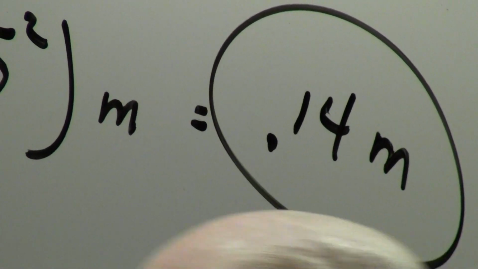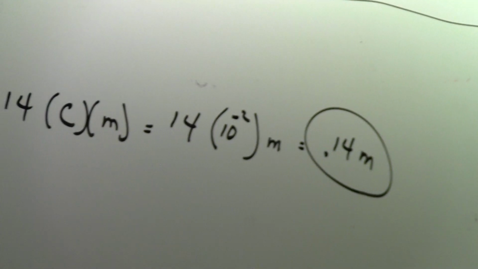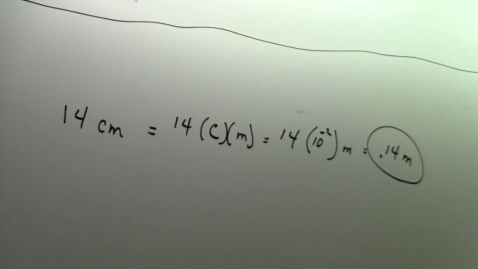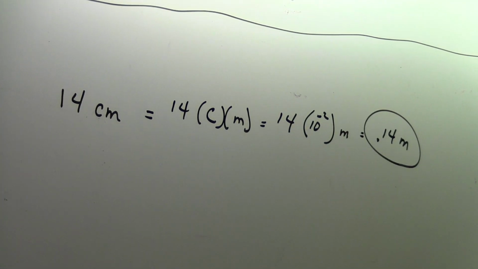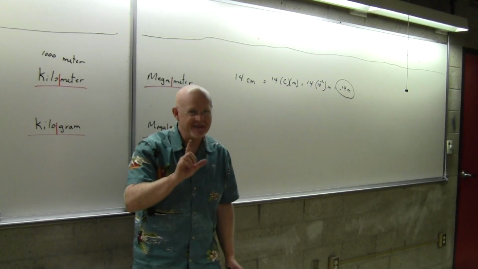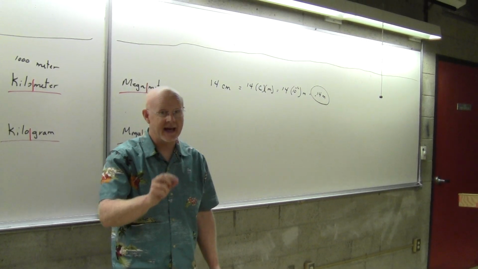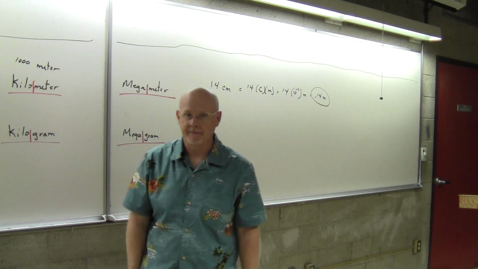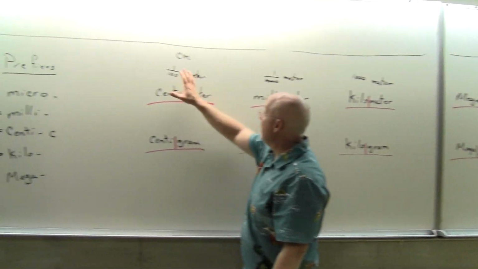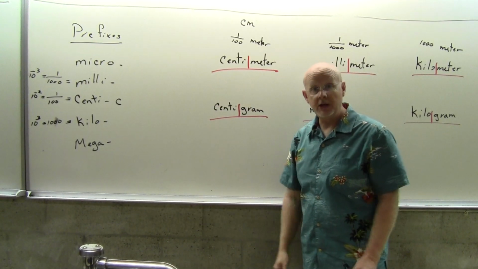Did you catch that? See, the C and M don't go together. I can separate them. It is the number C times M. cm. So C for centa, M for meter. So I'll say it one more time. cm does not stand for centimeter. It's C for centa, M for meters, and we're multiplying them together. And then once you realize that, it's what makes converting it from centimeters to meters actually pretty easy.